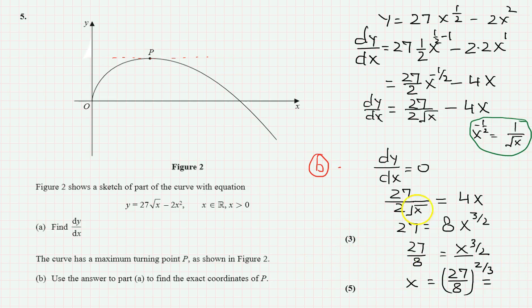So it will be, 27 can be written as 3 cube, and 8 can be written as 2 cube, power 2.